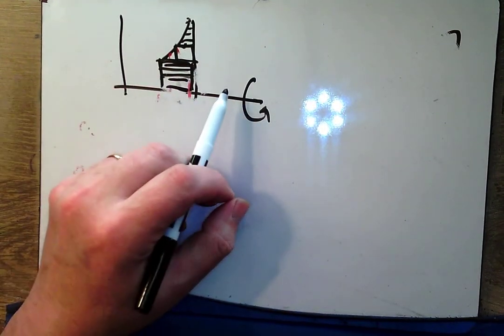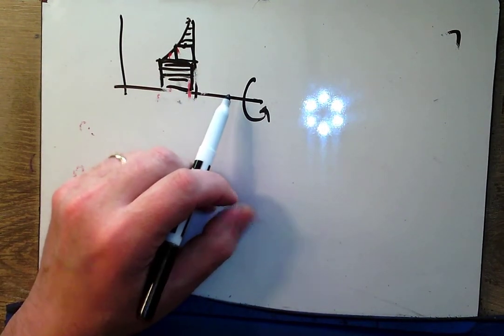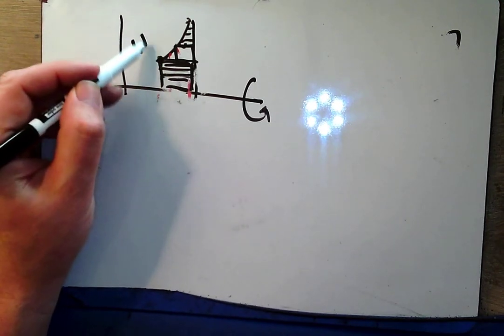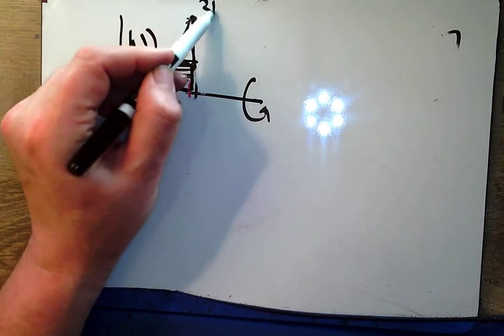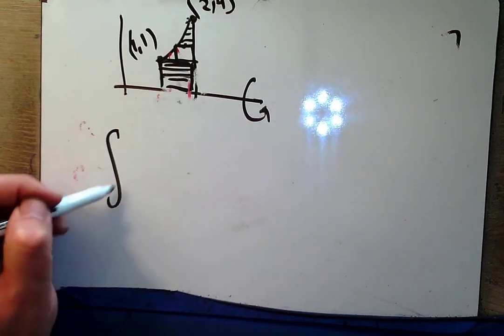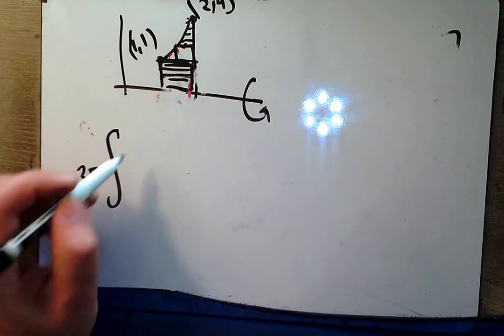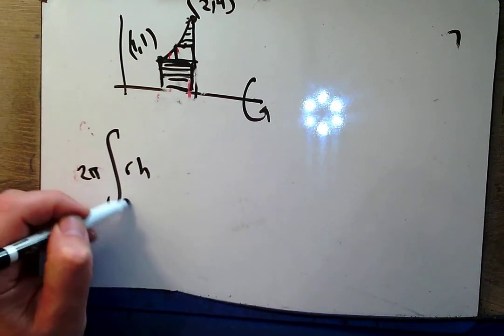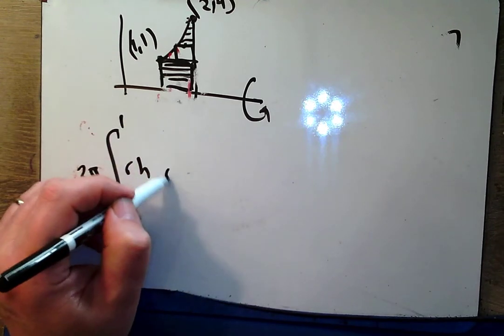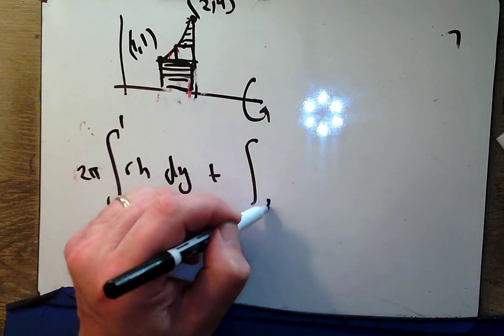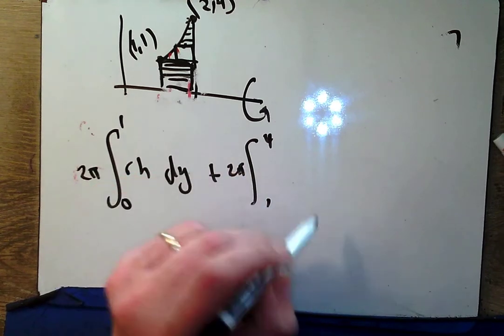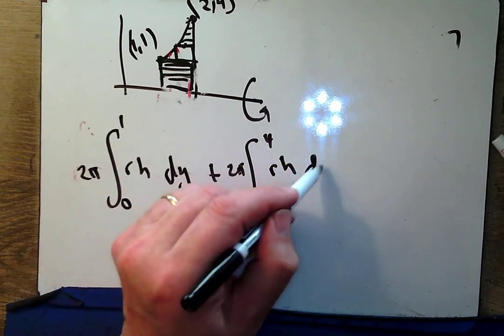And so I'd have to split this up into two integrals. This is the point 1, 1. This is the point 2, 4. So I have to have 2 pi rh from 0 to 1 dy plus 1 to 4. Yes, I still need that 2 pi rh dy.